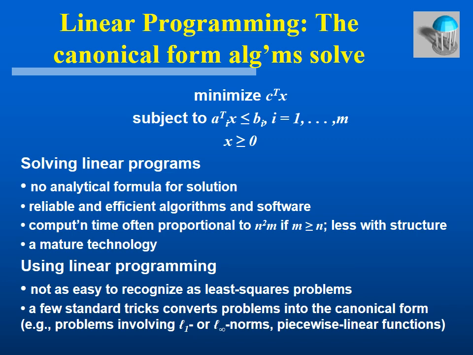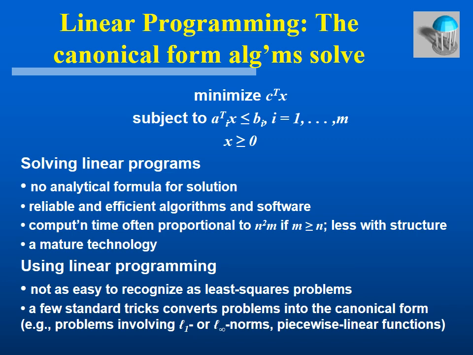And there are m of these constraints, each with its own weight tuple a. So each of the constraints can be written as the a sub i tuple transpose times x less than or equal to b sub i.